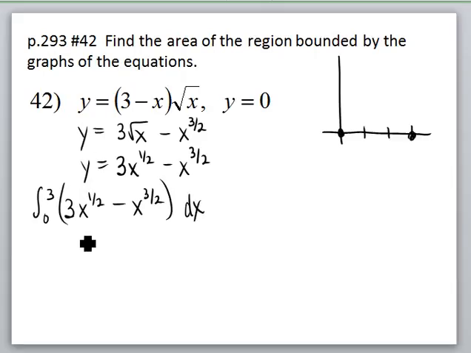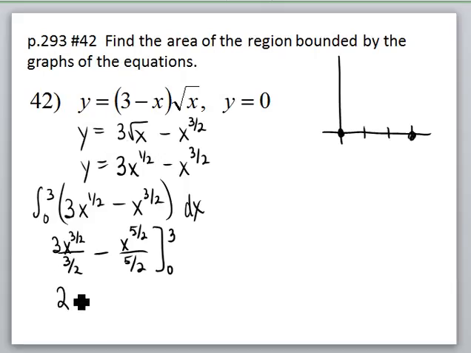So what I'm going to do is integrate each one of these. So I have 3x to the 3/2 over 3/2 minus x to the 5/2 over 5/2, and I'll be going from 0 to 3. This ends up being 3 times 2/3, which would be 2x to the 3/2 minus 2/5 x to the 5/2.